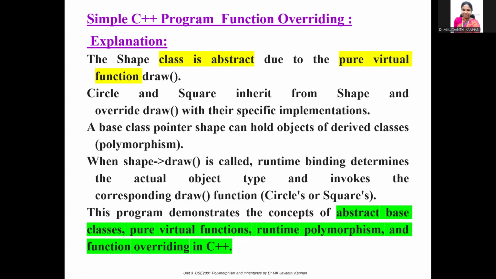If the object belongs to dog, the dog object will be bound with the dog class display sound function. And overriding means the derived class functions override the base class functions. It means when the same function is declared and defined in the base class as well as in the derived class, always the derived class functions are executed, overriding the base class functions.